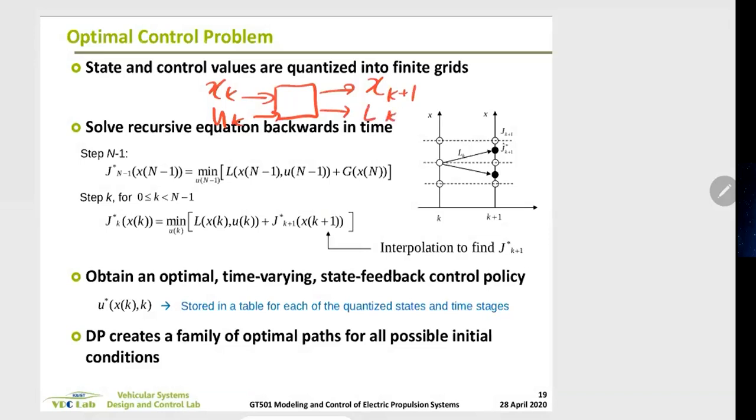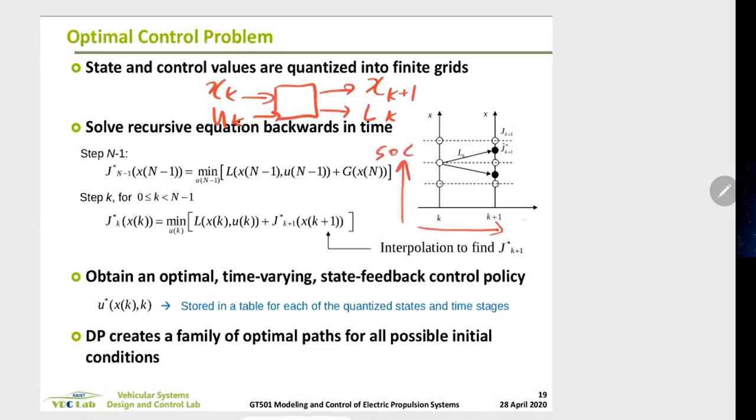Okay, so input and output. And looking at these relationships, if you look at it from the DP plane, meaning we have stage and then we have state.